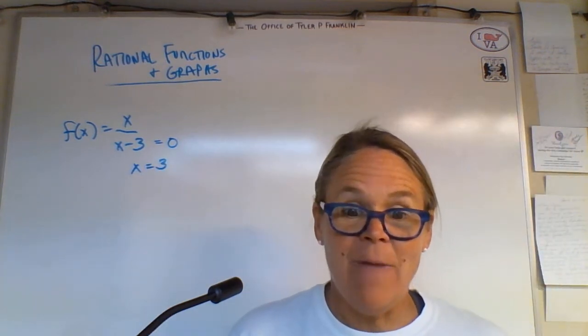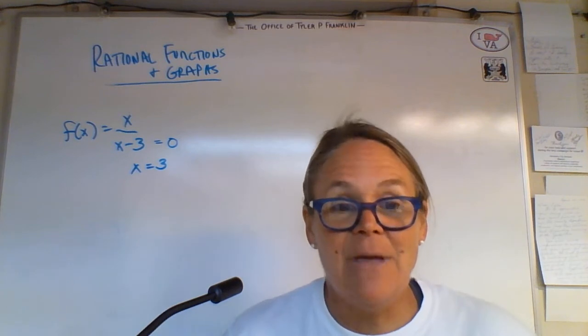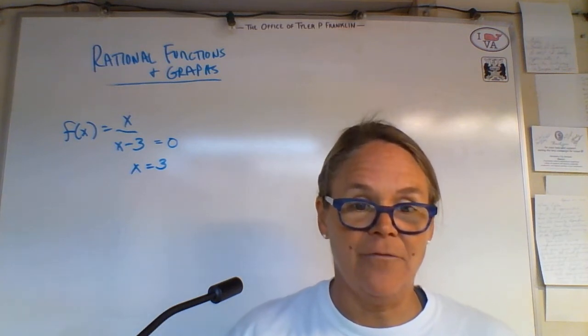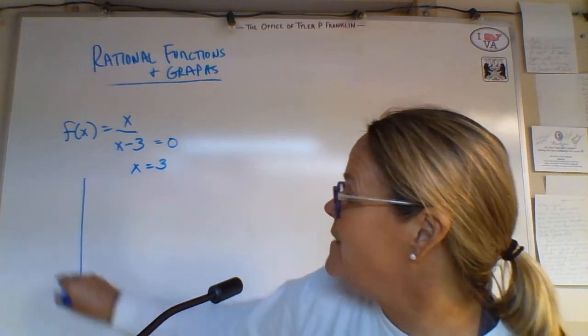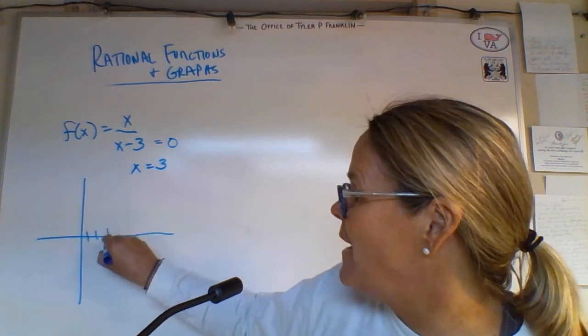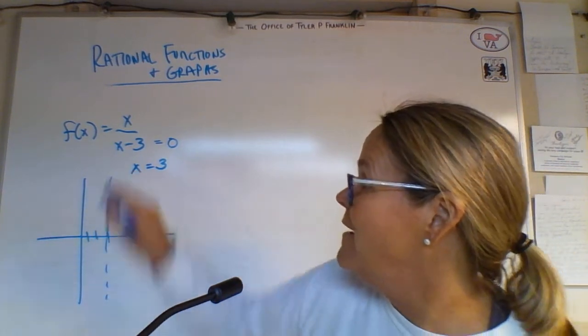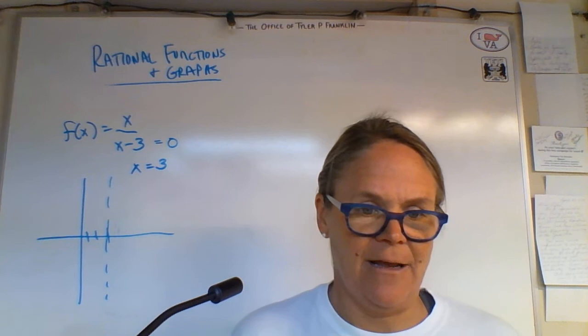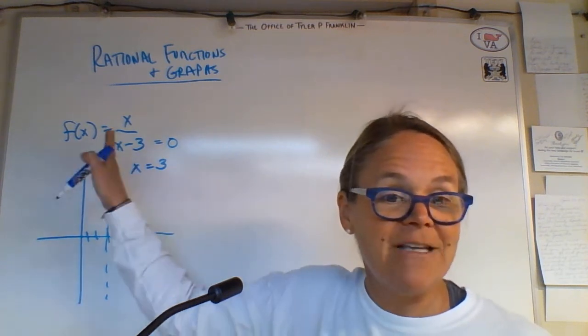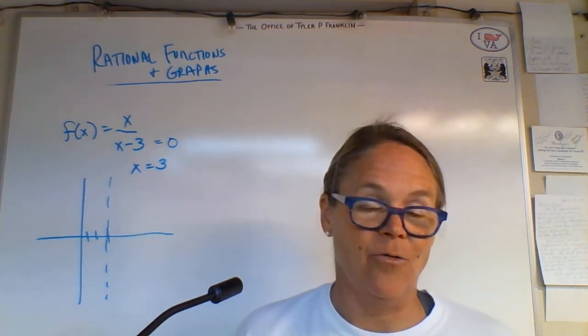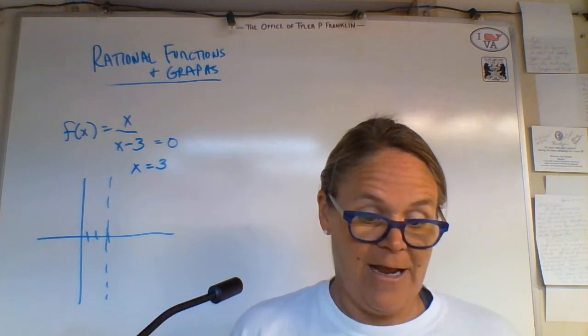Think about it. Domain, x can be anything except for 3. So what that means is my graph is never going to touch 3. So I'm going to have this vertical asymptote at 3.